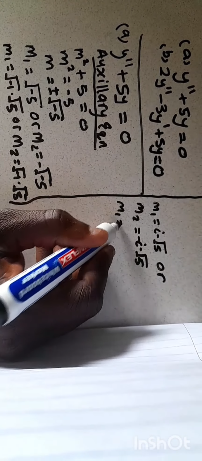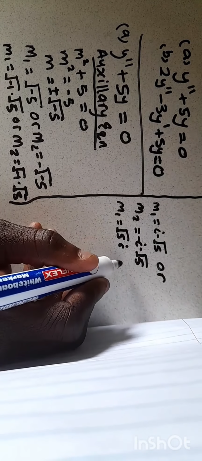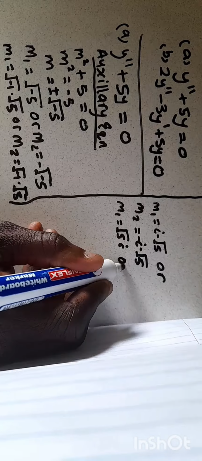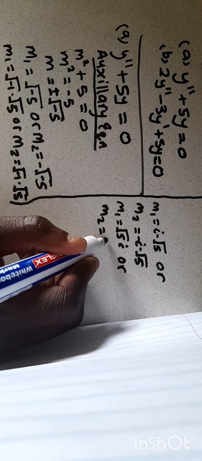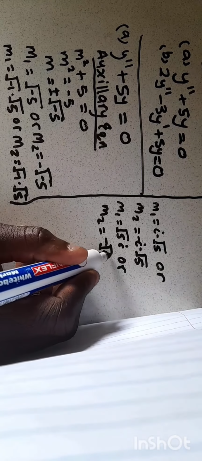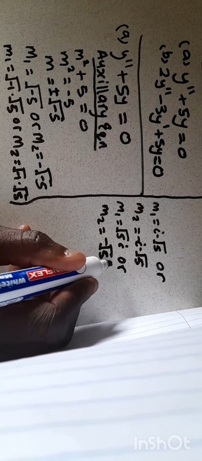That is, m1 equals square root of 5 i, or m2 equals minus square root of 5 i.